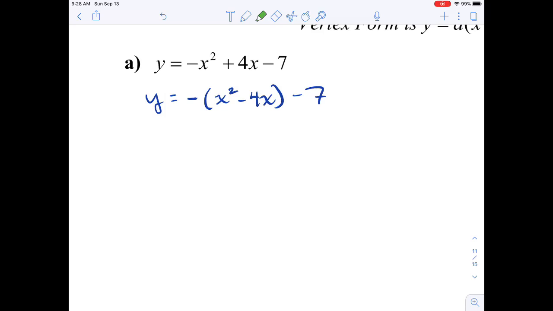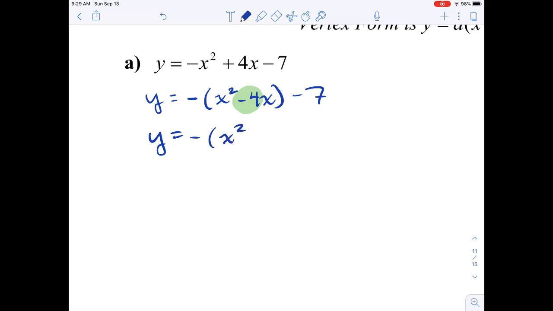So what we're going to do is add and subtract the special magic number that is exactly half of this b value here, this number attached to your x. We're going to cut it in half and square it, and that's going to give us a special magic number. So if we cut -4 in half, we get -2, and then we square it, and we get 4. So we're going to add and subtract that special magic number inside of our bracket.